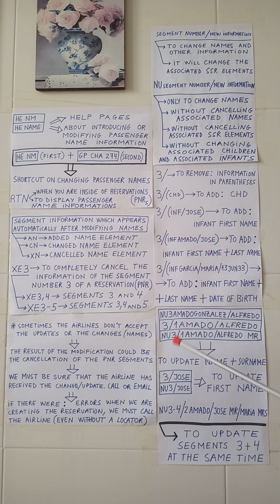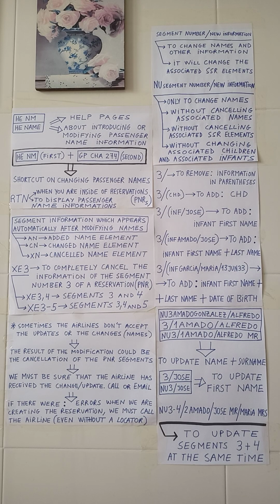The second transaction, 3/1 Amado/Alfredo, allows updating one first name, Alfredo, and one last name, Amado, using the first method of updating names that I explained on the 4th page of today's video.